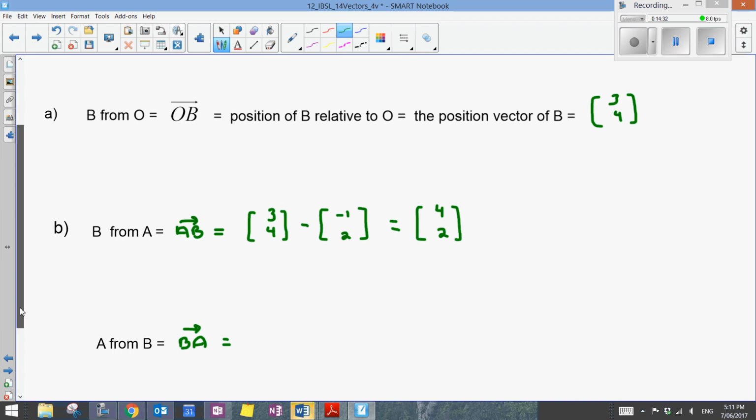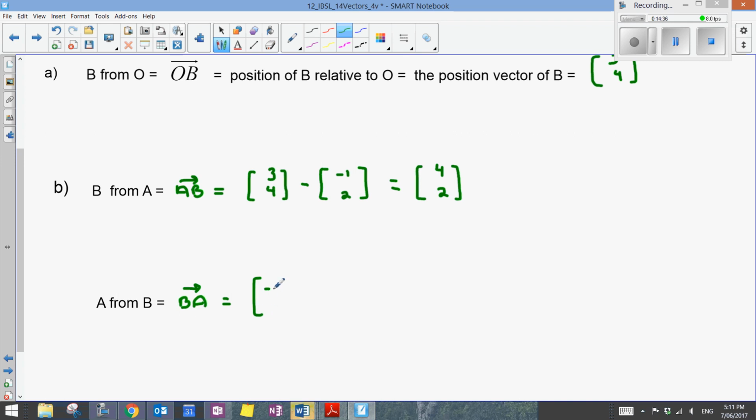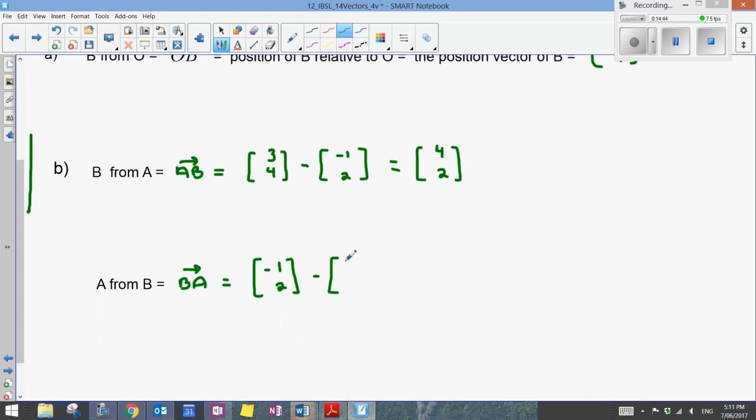So B to A means I'm going to subtract A, which is -1, 2, minus B, which is 3, 4. And -1 minus 3 is -4, 2 minus 4 is -2, and we just proved that yes, that actually does work. So we did wind up getting the opposite vector of AB, meaning -4, -2 is BA.